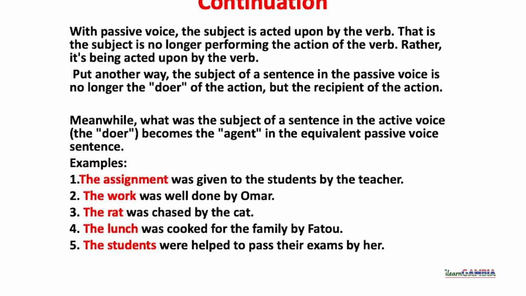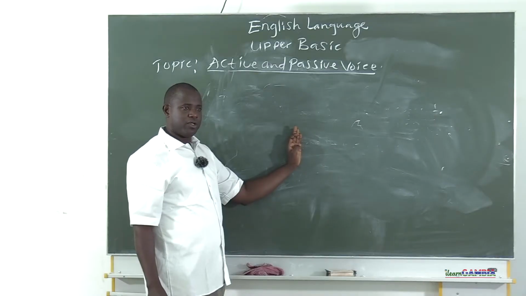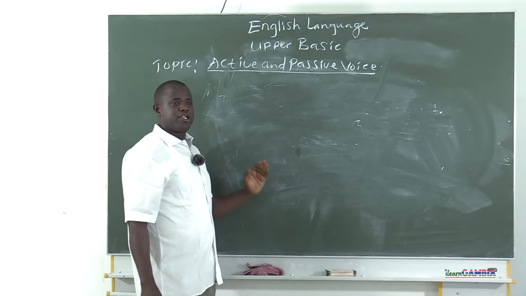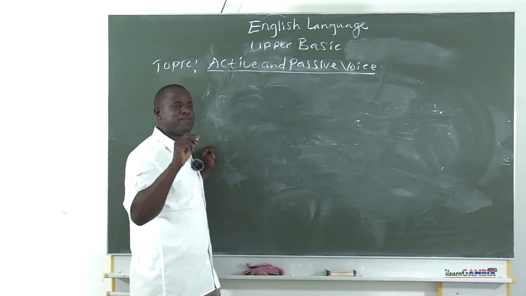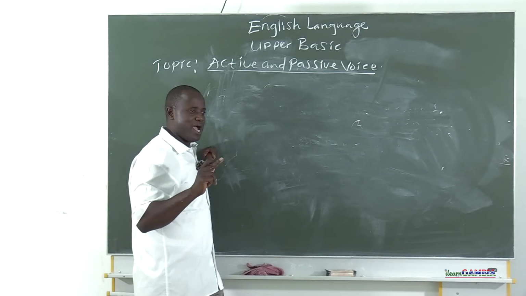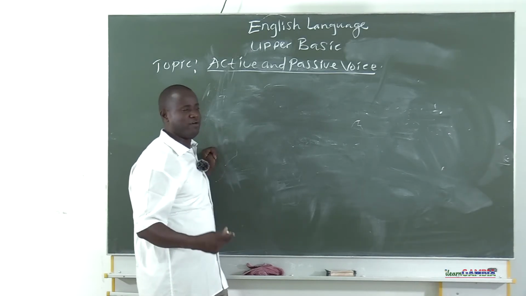That is, the subject is no longer performing the action of the verb. Rather, it is being acted upon by the verb. Put another way, the subject of a sentence in the passive voice is no longer the doer of the action, but the recipient of the action.